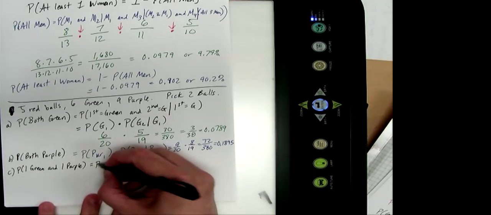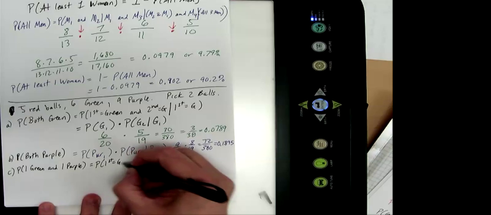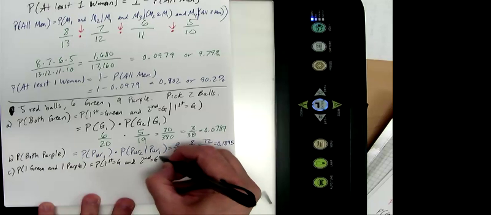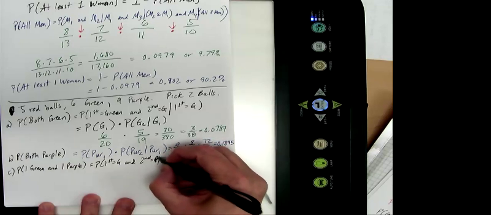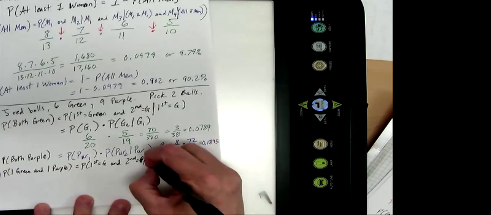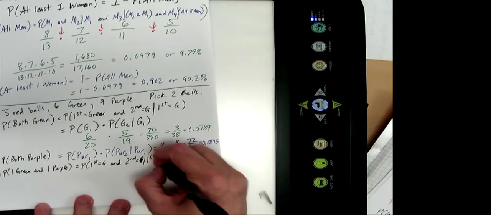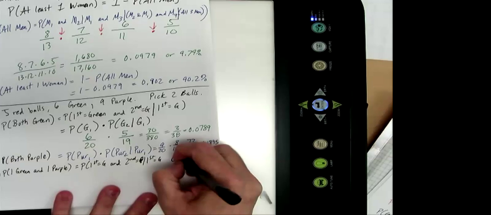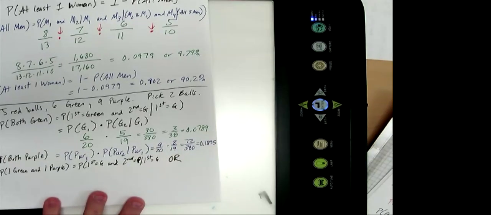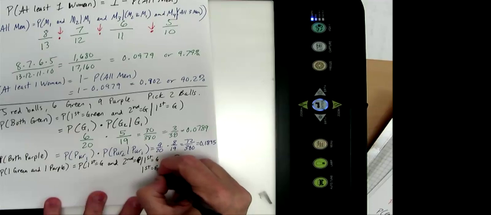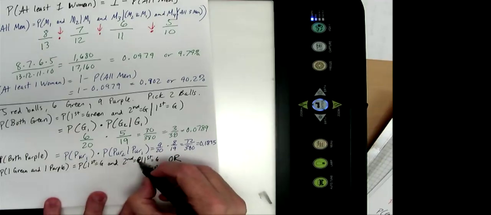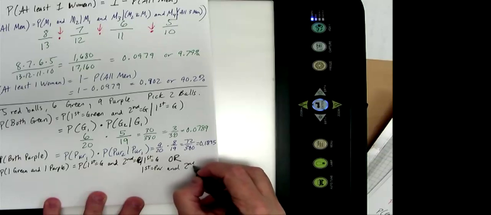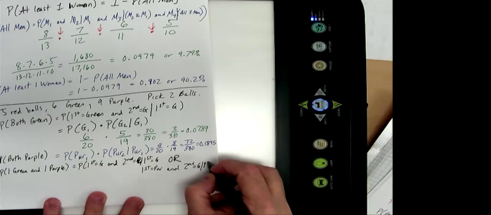This is the probability that the first is green and the second is, I'm sorry, purple, given that the first is green. Or the probability that the first is purple and second is green, given that the first is purple.